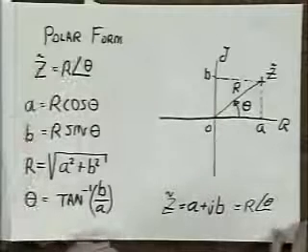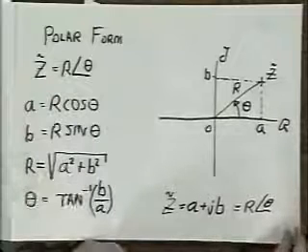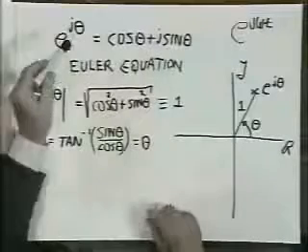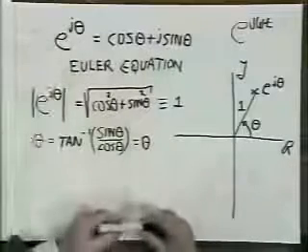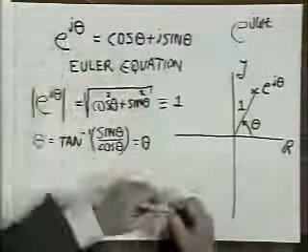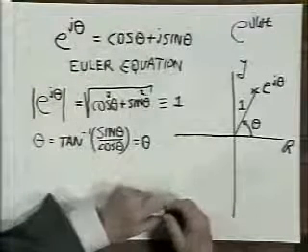The conversions back and forth between polar and rectangular are trivial, involving a little bit of trigonometry. But the most convenient way to represent that complex number in polar form is in terms of the Euler equation. E to the j theta equals cosine theta plus j sine theta.